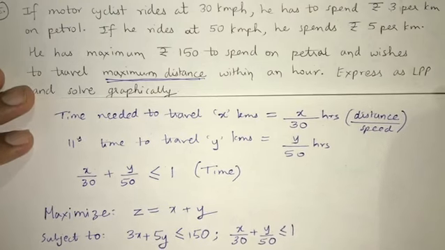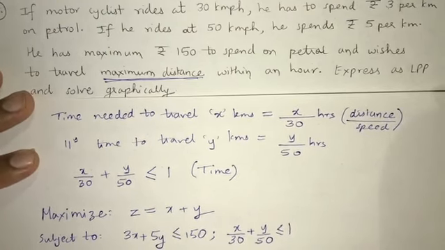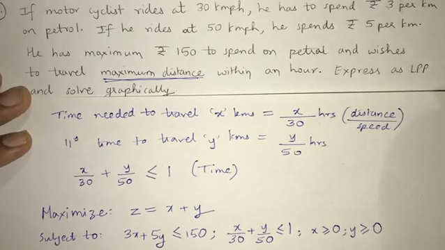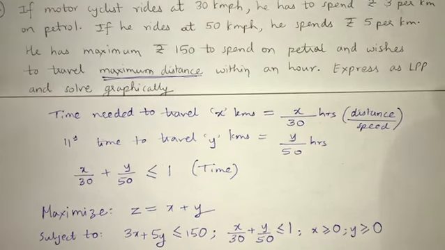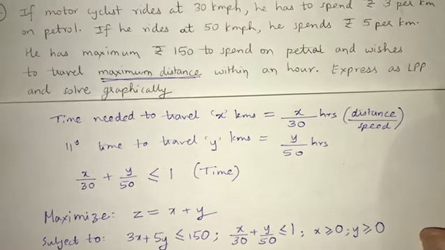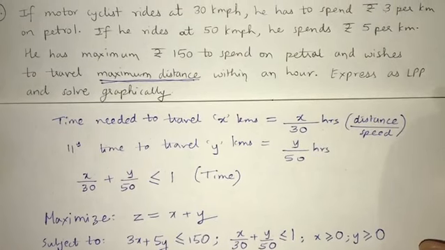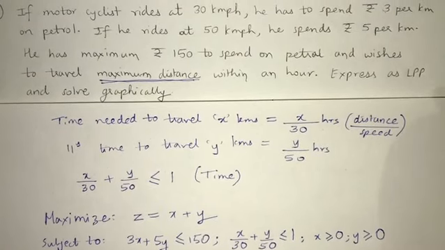There are two more constraints which we are not writing here, which we are missing out: the non-negativity constraints. The distance covered cannot be negative. The feasible region cannot go outside the first quadrant. That is the final answer. After that, you have to solve it graphically and find the values of x and y.